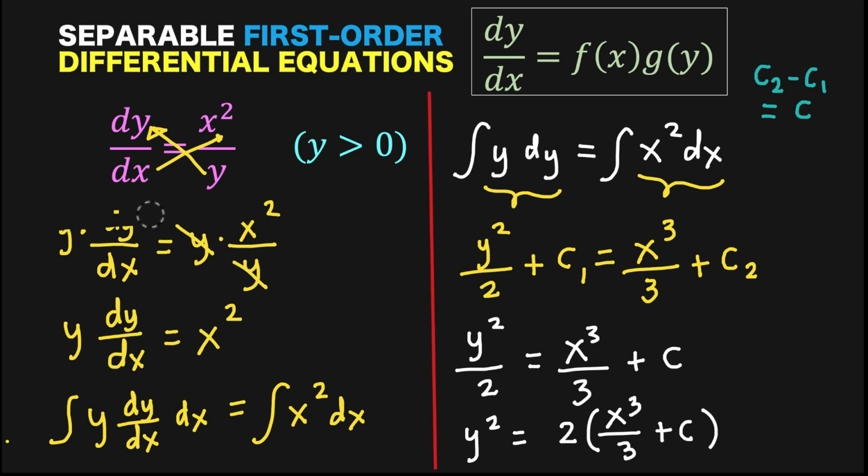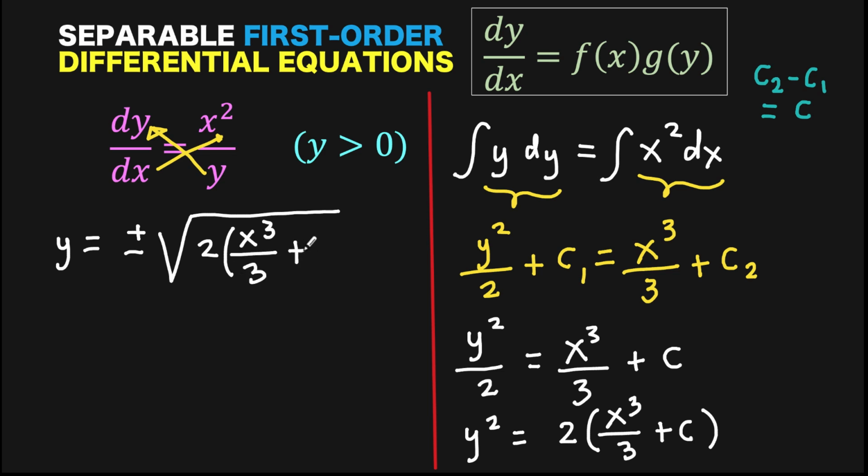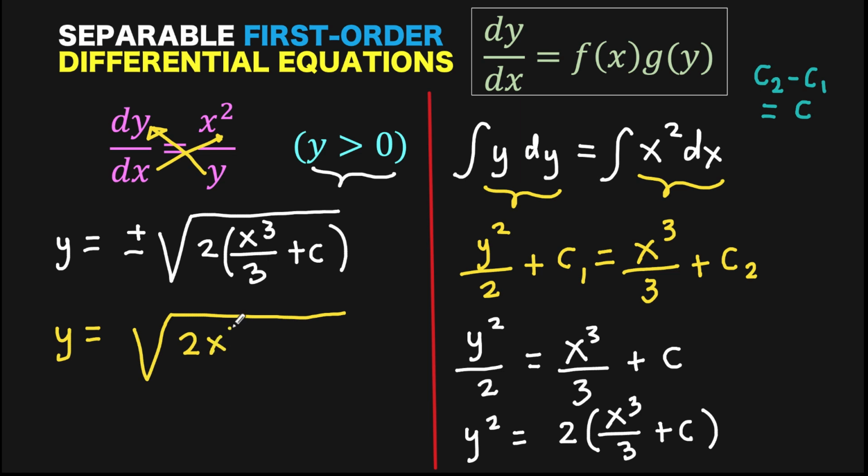Then let's erase this portion now. Solving now for y, we have y equals plus or minus the square root of 2 times x cubed over 3 plus c. Now, since it is given that y is greater than 0, we'll disregard the negative sign. We can now simplify this as y equals the positive square root of 2x cubed over 3 plus 2c.